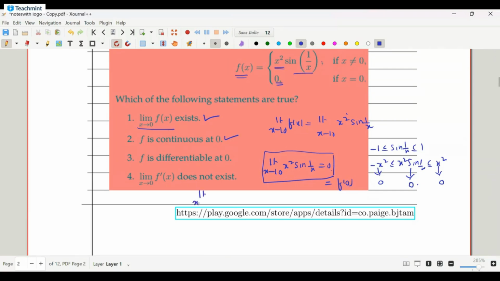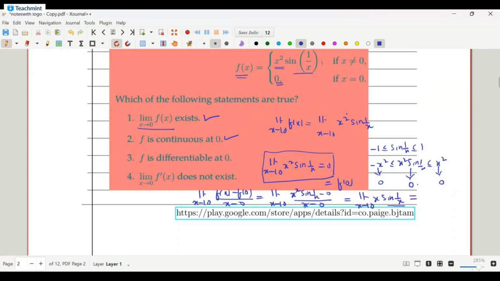So limit x goes to 0 f of x minus f of 0 by x minus 0, sir. So which is equal to limit x goes to 0 x square sin 1/x minus 0 by x minus 0. Ikkada x getting cancels. Limit of x approaches to 0 x into sin 1/x.